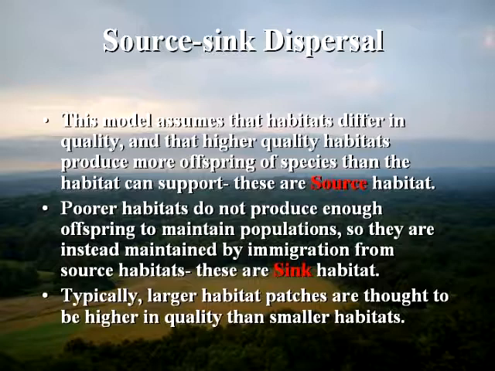And in contrast, poorer quality habitats are referred to as sink habitats, because although some of the same species might live in them, it's likely that populations are unable to maintain themselves, and so the only way those species stay in these poorer quality habitats is by immigration from source habitats. So in the case of forest animals and forest plants for that matter, often large contiguous tracts are thought of as source habitats, whereas fragmented forests often appear to serve as sink habitats.